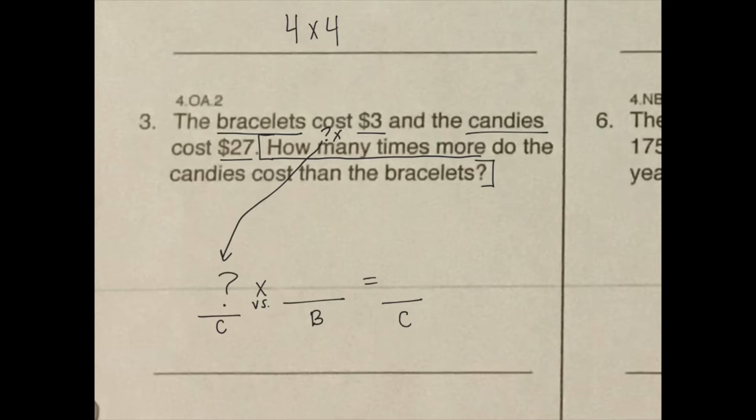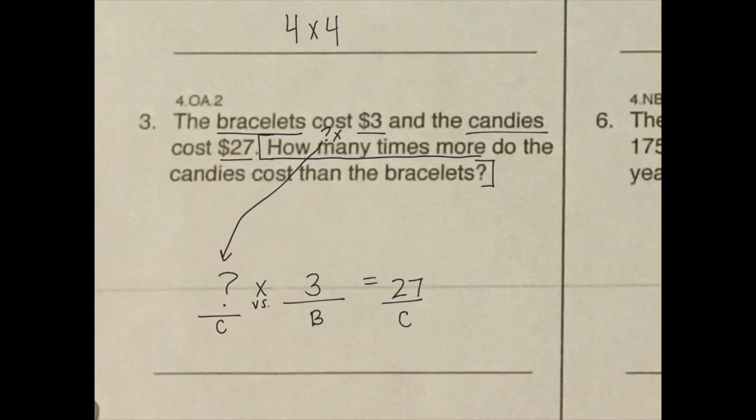So I'll put in the numbers that I do know. I know bracelets cost $3, so I'll put 3 here with my B. And the candies cost $27, so I'll put that here because that's the candy's real number. We actually know that they cost $27. It's not 27 times, it's actually 27.